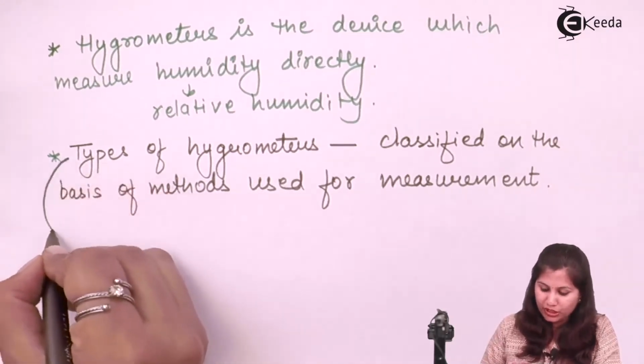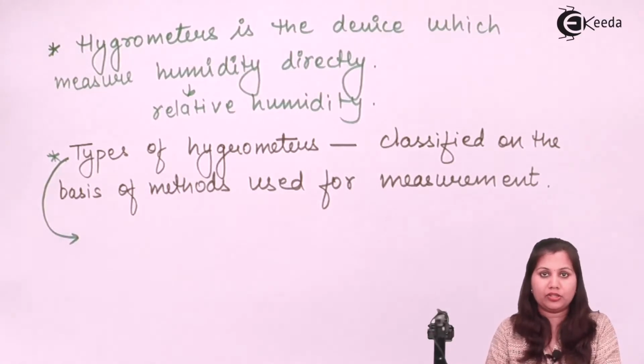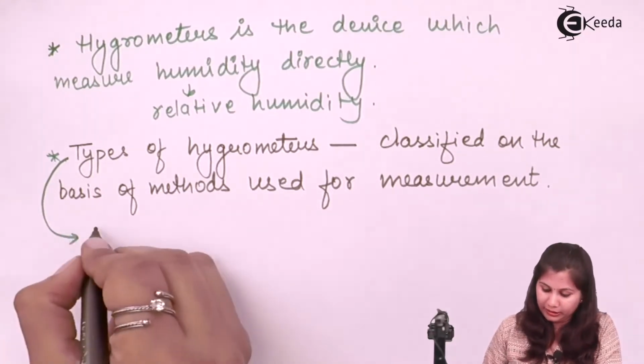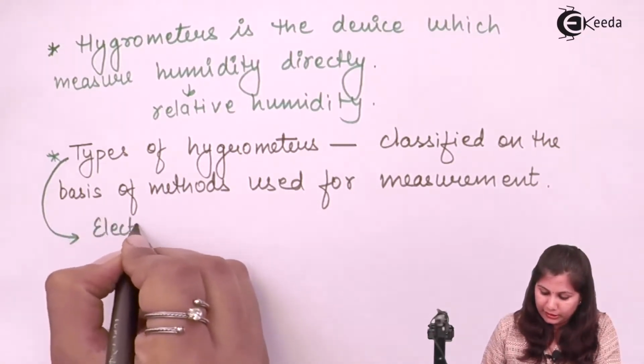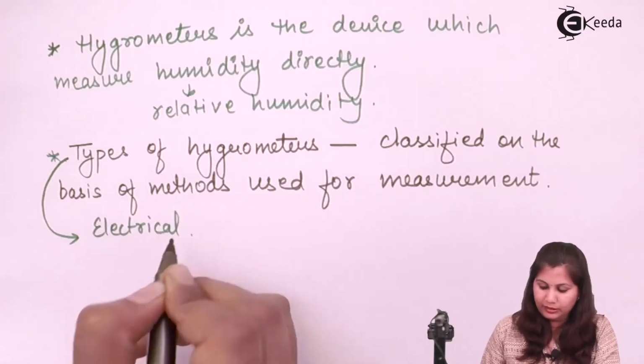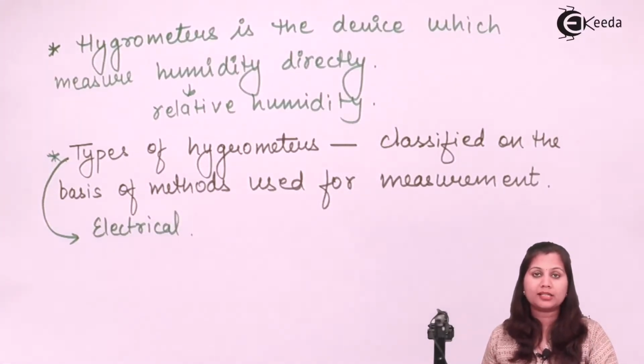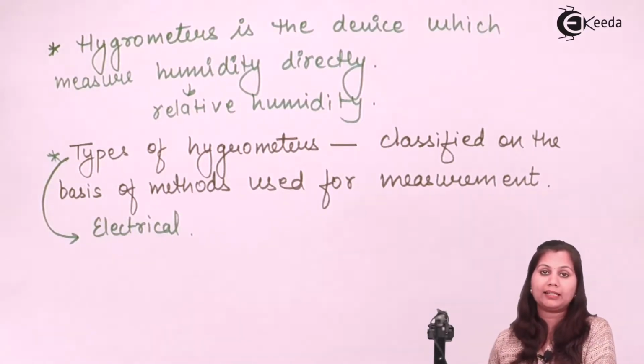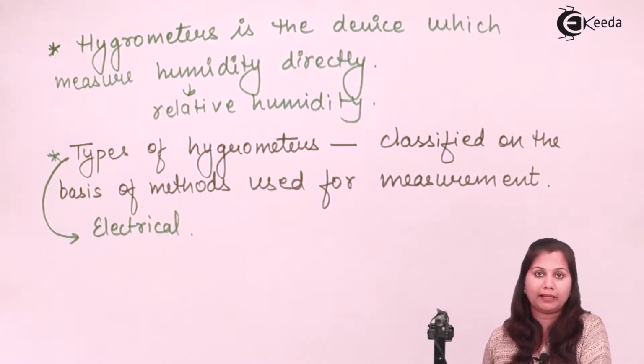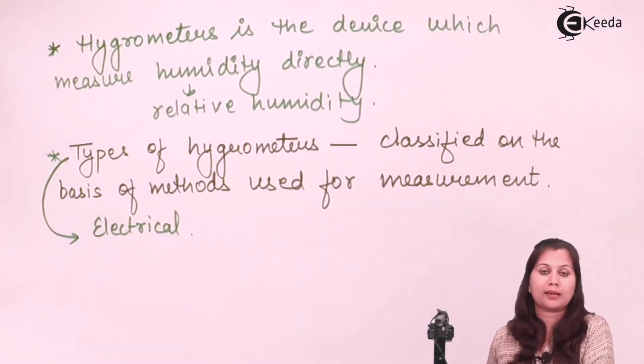If it is using some electrical method to measure the humidity, then it is called an electrical hygrometer. Electrical hygrometers are based on the principle that humidity is measured by measuring the changes in electrical parameters like resistance, capacitance, inductance or impedance. So indirectly the humidity is measured.